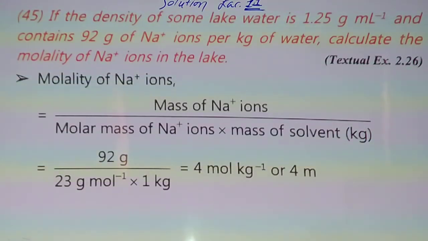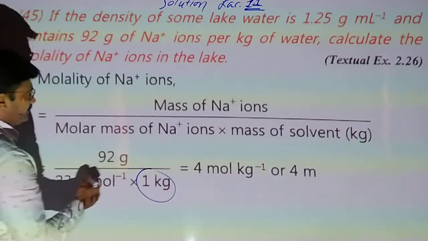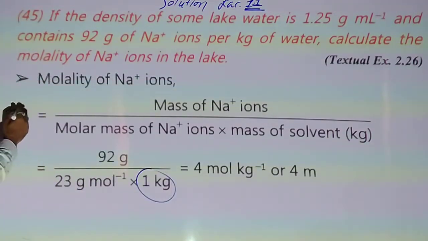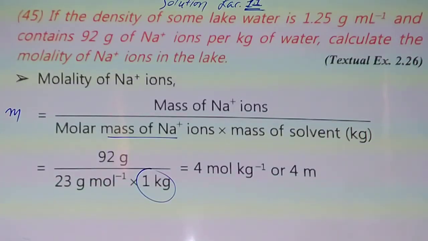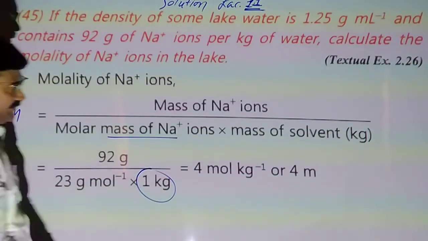Salty water of the lake contains 92 gram of Na plus in 1 kilogram water. So mass of solvent is 1 kilogram. Molality is equal to mass of Na plus ion upon molar mass of Na plus ion into mass of solvent in kilogram.